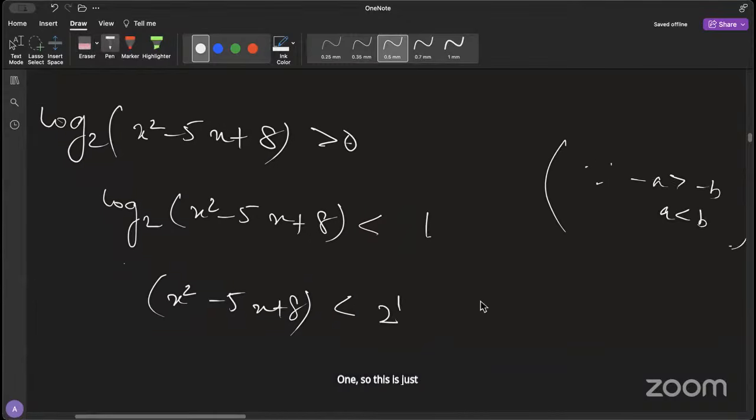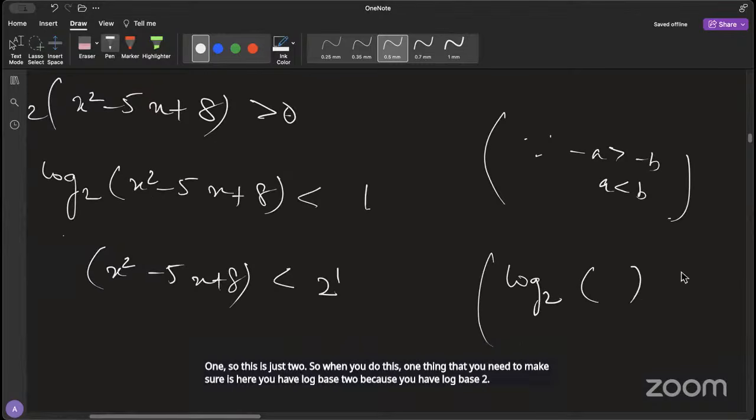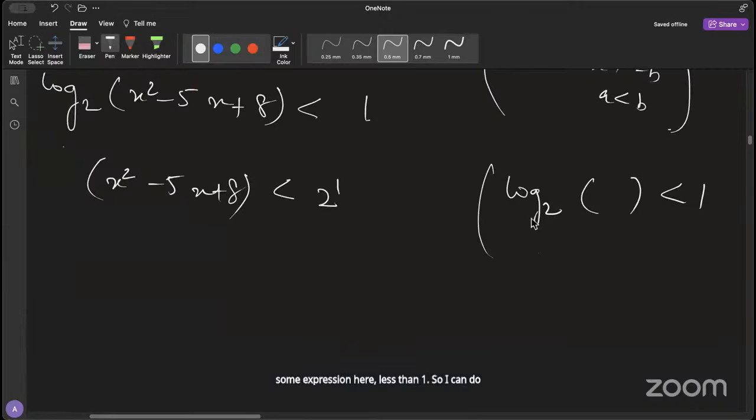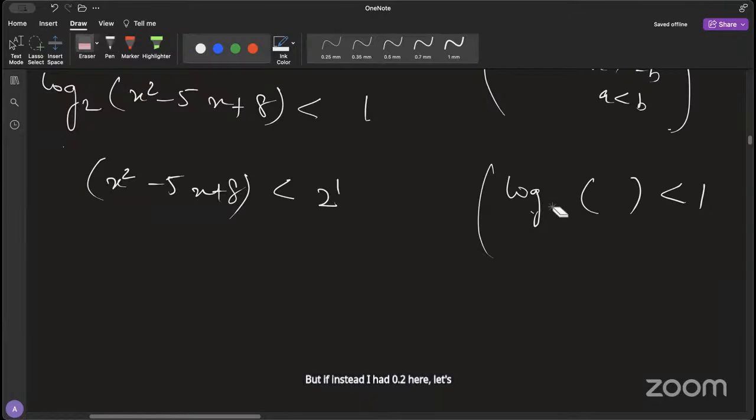So when you do this, one thing that you need to make sure is that here you have log base 2 of some expression less than 1, so I can raise both of these to the power 2. But if instead I had 0.2 here, or half here, something less than 1, if my base was between 0 and 1, then this sign will get changed.